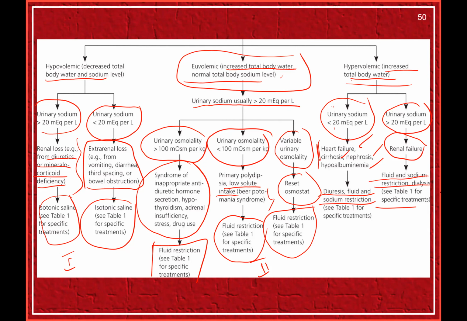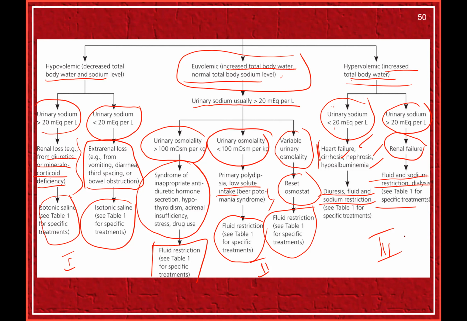So, in a nutshell, we have to first make a diagnosis of hypotonic hyponatremia. And once we make a diagnosis of hypotonic hyponatremia, then we have to see whether it is hypovolemic or normovolemic or hypervolemic. If it is hypovolemic, treatment is isotonic saline.